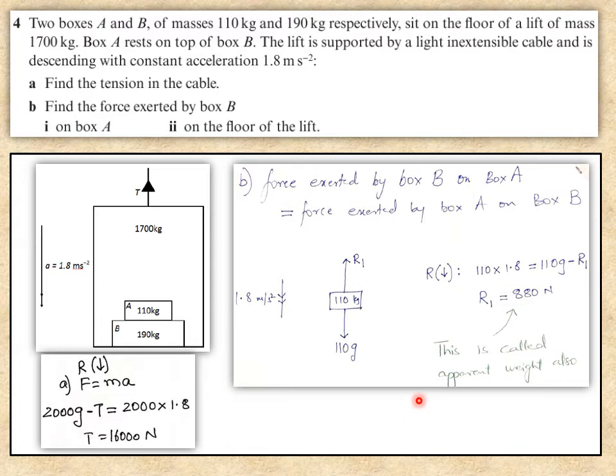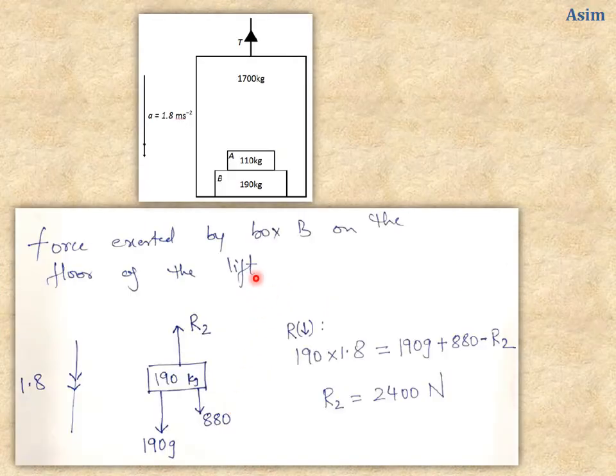Let's go to the second part now. They're asking you to find the force exerted by B on the floor of the lift. Same scenario, I've made the picture here again. This is the lift. If I only take box B separately, box B is 190 kg, the weight of box B is 190 g.